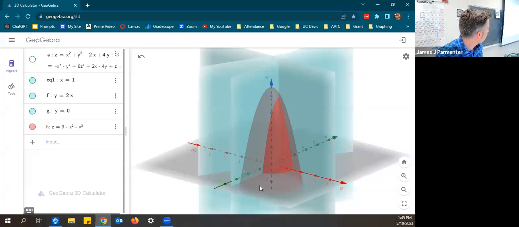It's like if you took this surface and cut that triangular region out. In fact, I could probably even try to draw it.